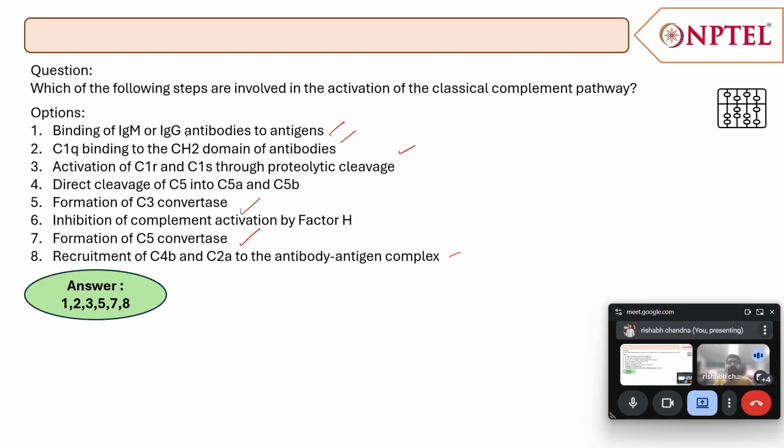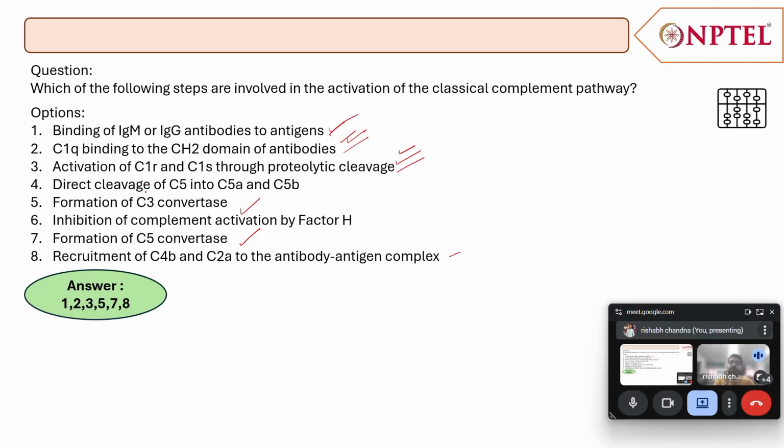So we have one, that is binding of IgM, because the classical pathway starts with the antibodies. So the IgM or IgG antibodies bind to the antigen. Yes, this is correct. Then we have C1q binding to the CH2 domain of the antibodies. Yes, this is also correct. Then we have the activation of C1r and C1s through proteolytic cleavage. This is also correct.